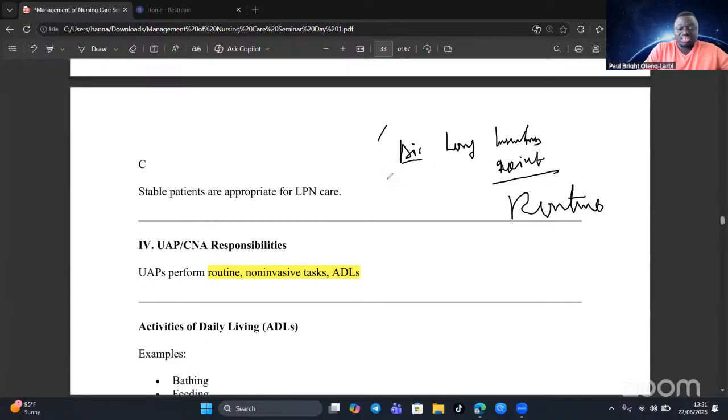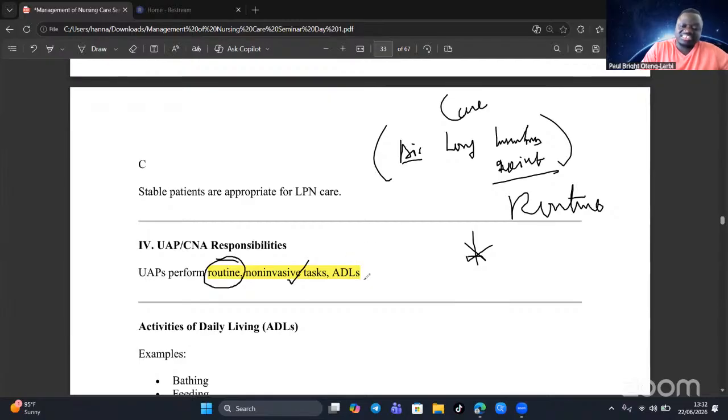Let's say the patient is in a care home. It's a routine activity, but the next check mark you have to do, is it invasive or non-invasive? This is invasive. Okay, UAP, you can't do it. So this routine comes with a sub explanation. A lot of people, when they see routine, they think every procedure they can do, but no, they can't.